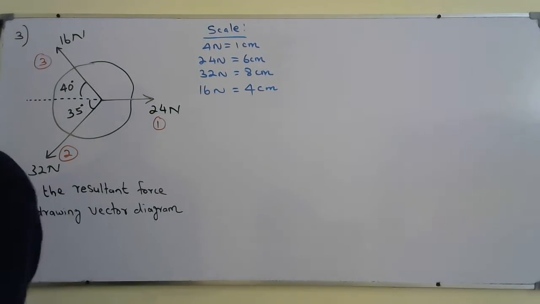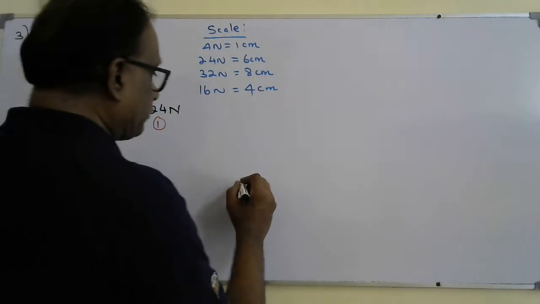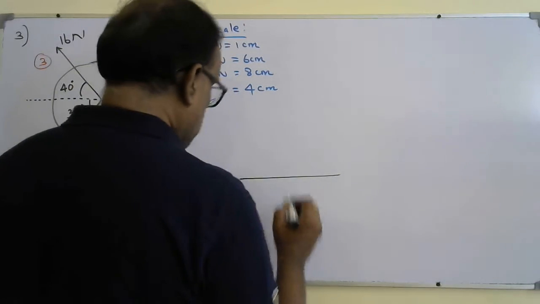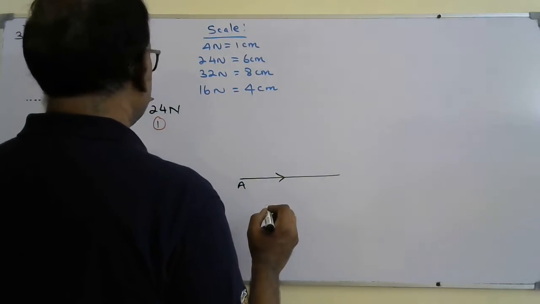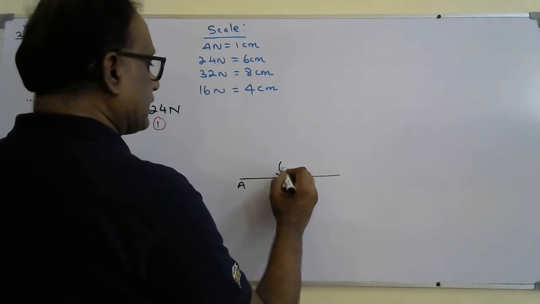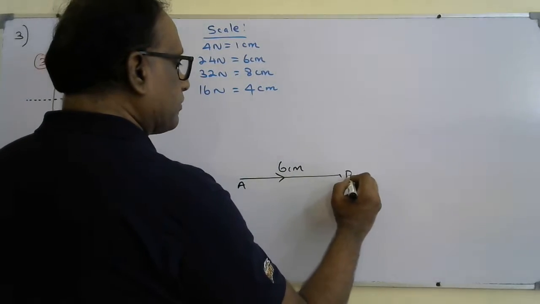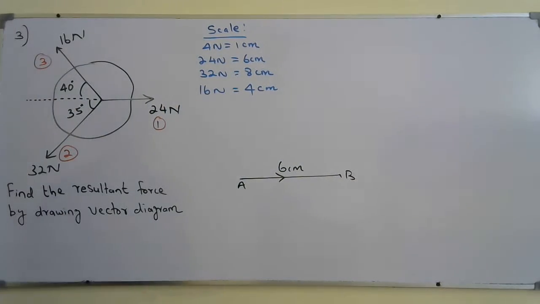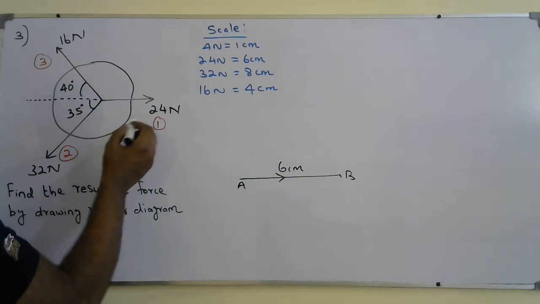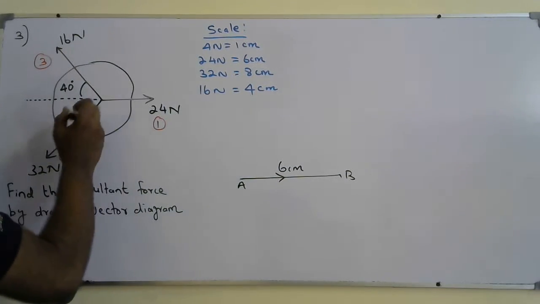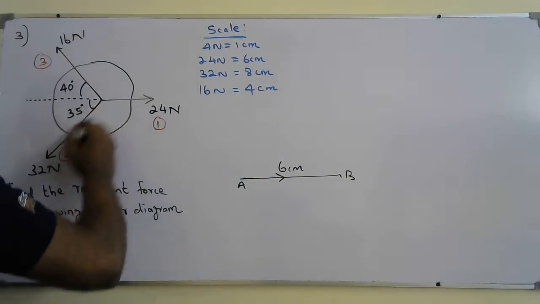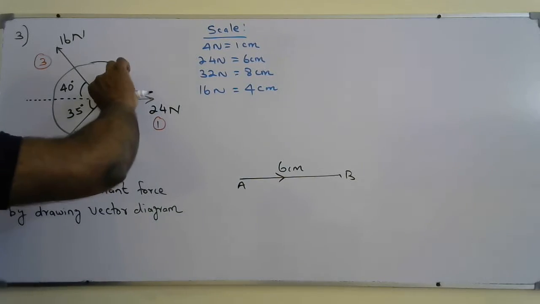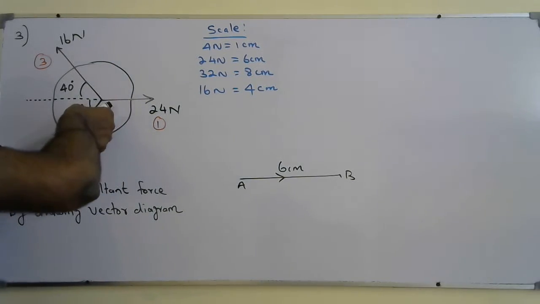Okay, so first I'll draw 24 Newton, from left to right. AB, I can name it, with a length of 6 centimeter. Then I'm going to draw 32 Newton, that is 8 centimeter length. You can see from this force, this is 35 degree in this direction. So I should draw a line parallel to this one, or from here move in anti-clockwise direction.